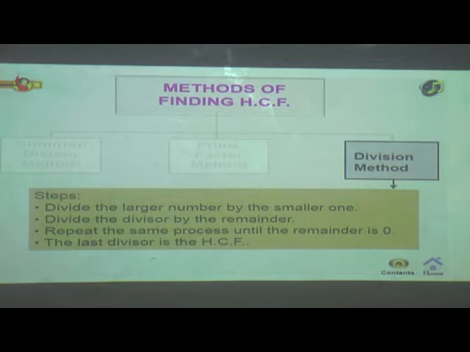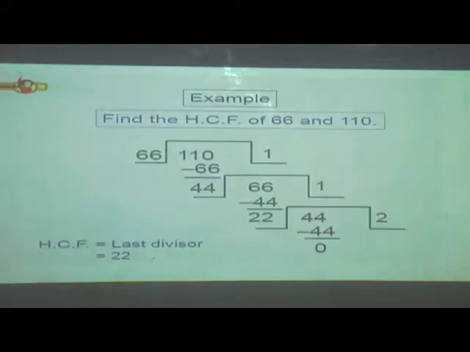So let us see by solving an example. Example, to find HCF by division method. Here we have to find the HCF of 66 and 110. Now we have to divide this.